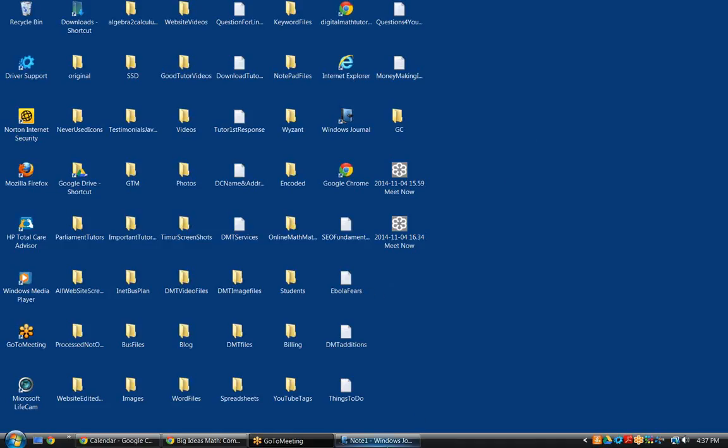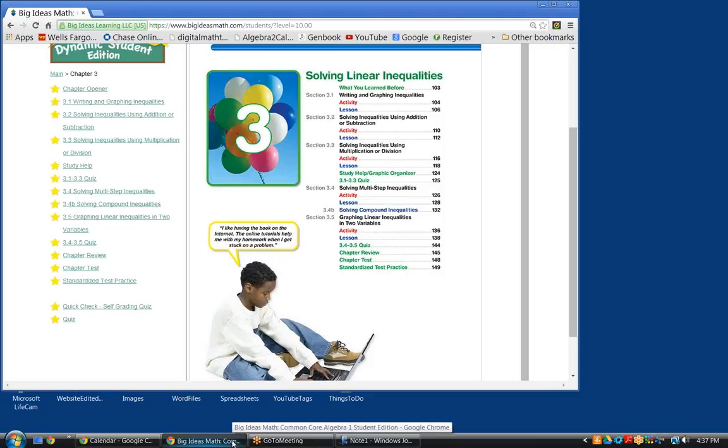So let's see if we can find some problems that reflect absolute value. What about this quiz here? Oh, let me just look at some of these. I don't see the words absolute value anywhere in here.